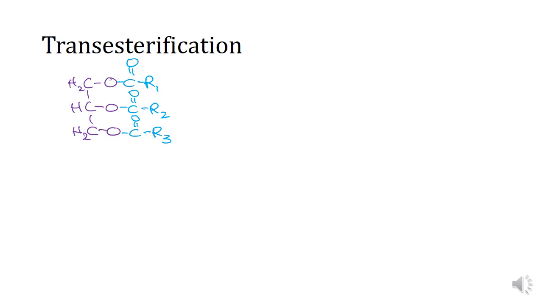esterification comes in. So we've got, and I should have copied and pasted this from the previous slide, then you've got your, and I'm just going to call them R1, R2, R3. These R1, R2, R3 can be pretty much any carbon chain.